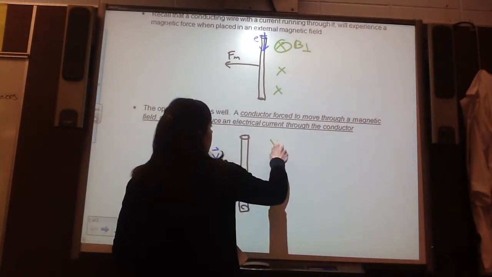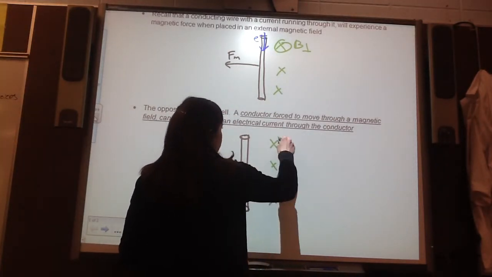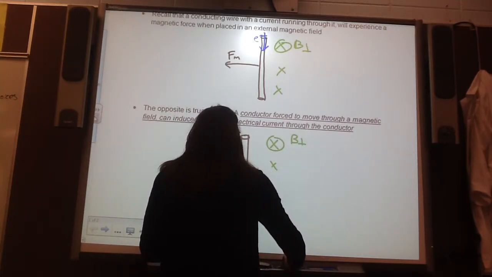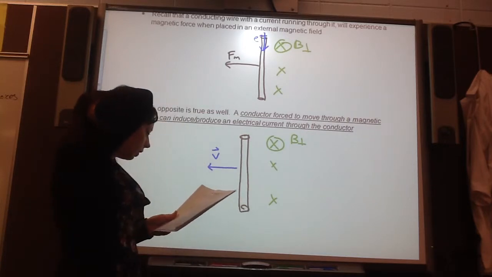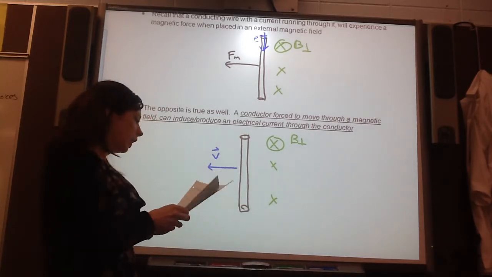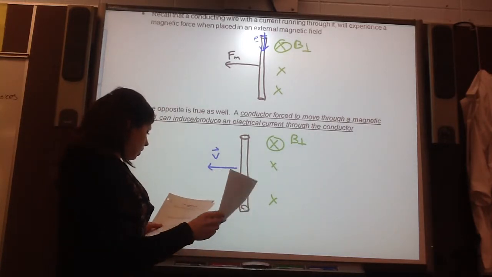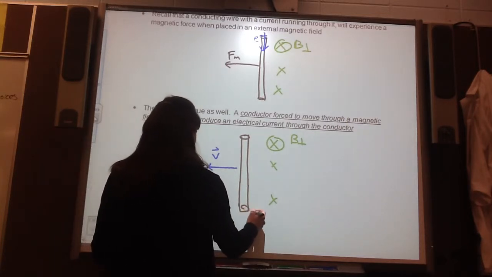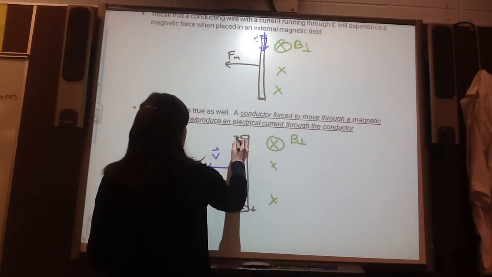And say, again, I have a magnetic field. And say this conducting wire is positive at this end and negative at this end.